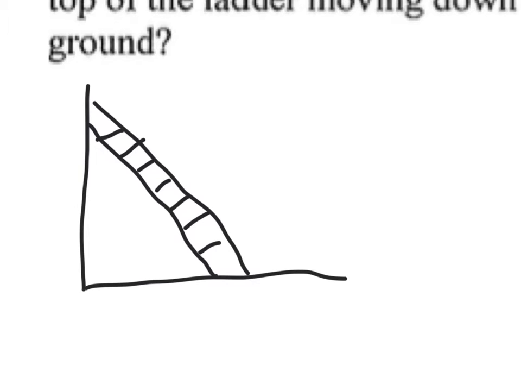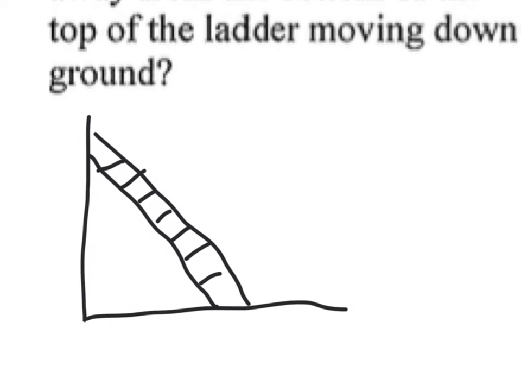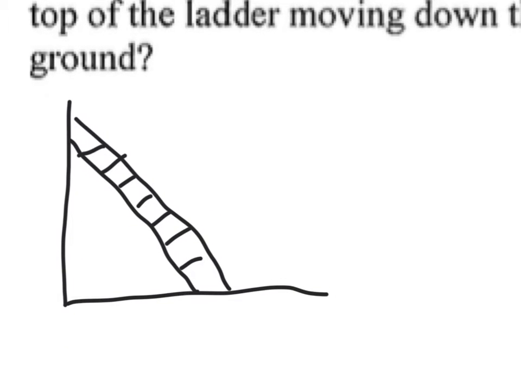Okay, but what I want to do is go ahead and label this picture. The ladder is 25 feet, so I'm going to write that this is 25 feet. I know that the ladder is being pulled this way, and as a result, the top of the ladder goes down like that.